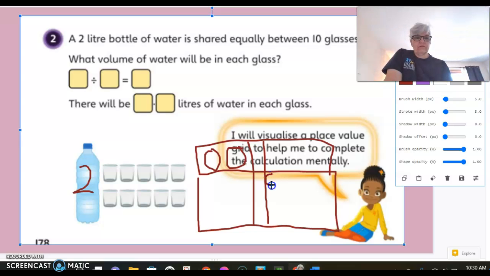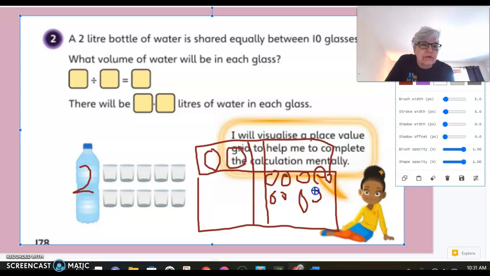So if we have 10, 1, 2, 3, 4, 5, sorry, I know my drawing is terrible, that's my 1 liter of water, and now I need a 2nd liter, so I need 1, 2, 3, 4, 5, 6, 7, 8, 9, 10.